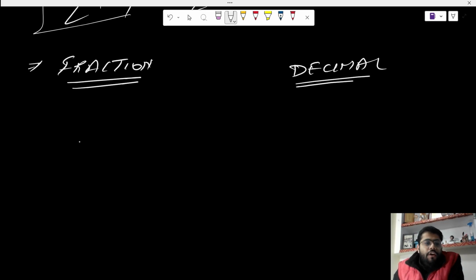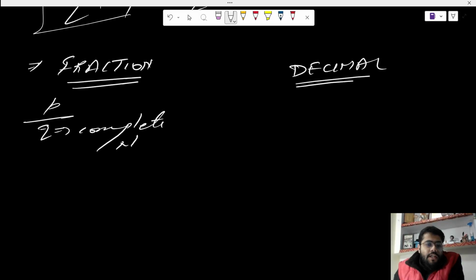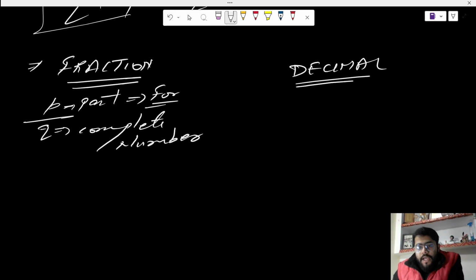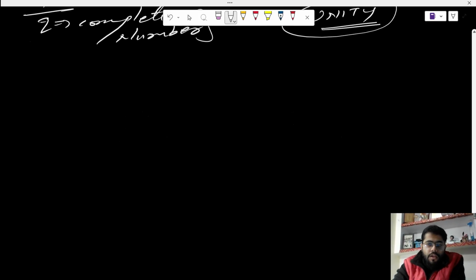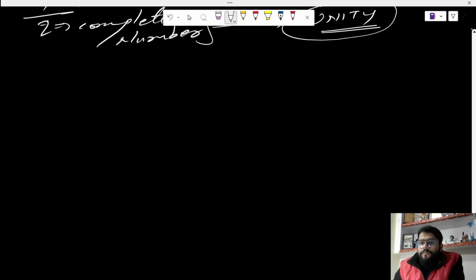For example, fractions are always written in the format p by q, where q is the complete number and p is the part we are talking about. And in decimal, this complete number is represented as unity, which is basically 1.